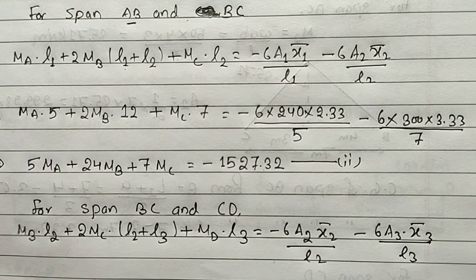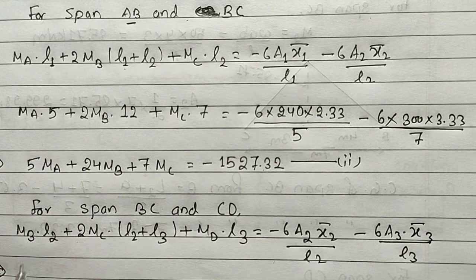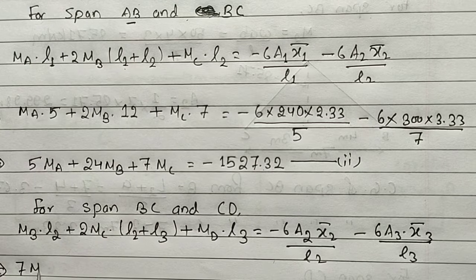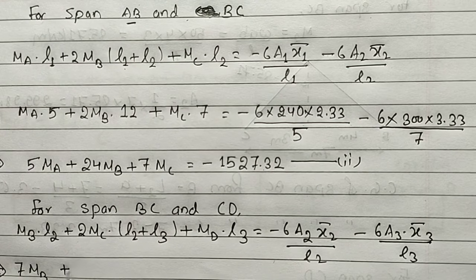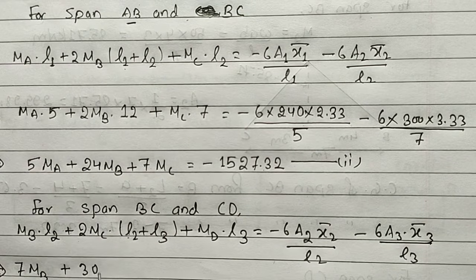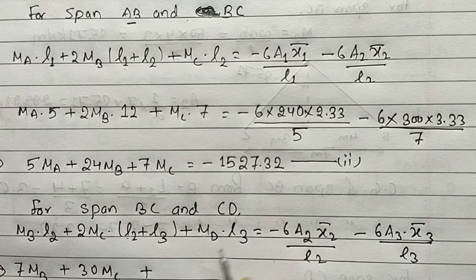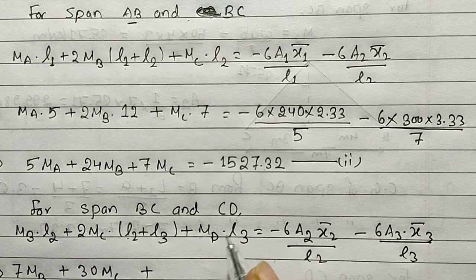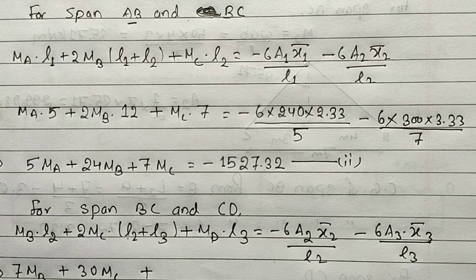Now put down the values here, then we will have 7 MB plus 30 MC plus... see here guys, our end D was a hinge support. You can see in the diagram, let me show you.